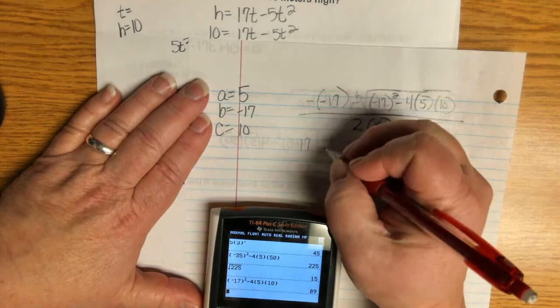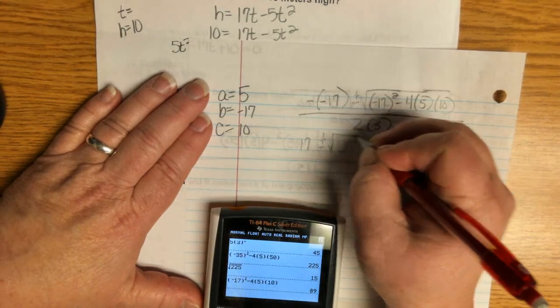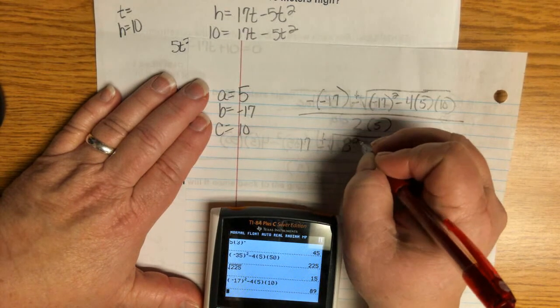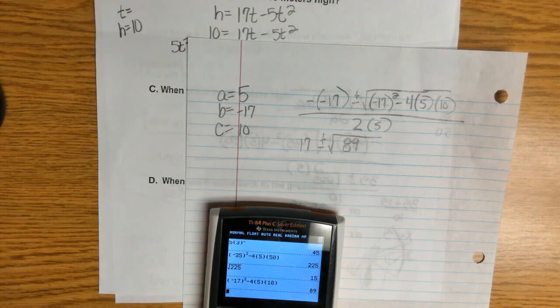Okay, so I get plus or minus the square root of 89. What did I do? I did something, guys. We need to figure it out.